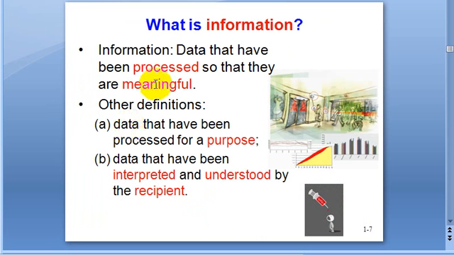Information should be processed and more meaningful. There's some meaning. For example, 3.5 might be just data, meaningless. But if I interpret it as a 3.5 jobless rate, it becomes information for some purpose. For example, unemployment rate, employment market interpretation analysis.